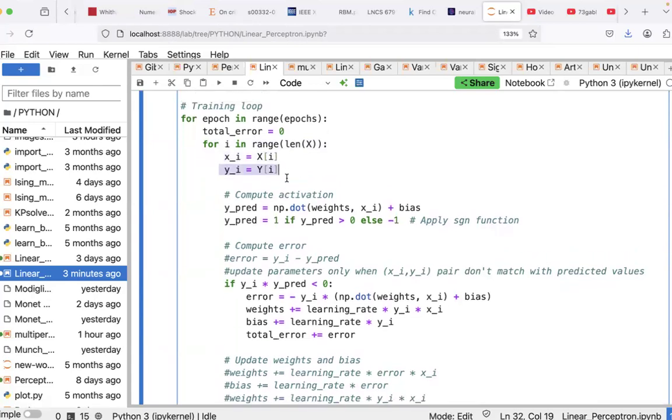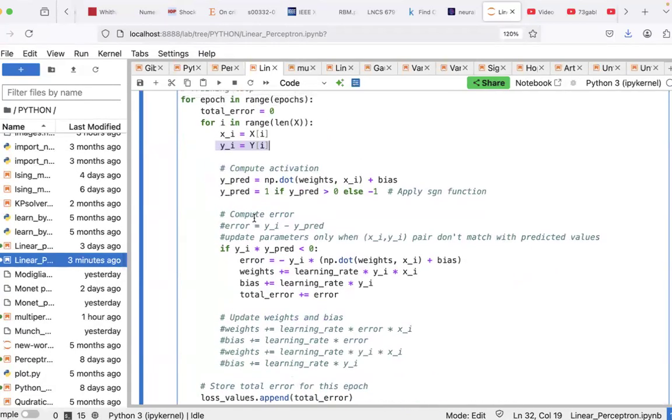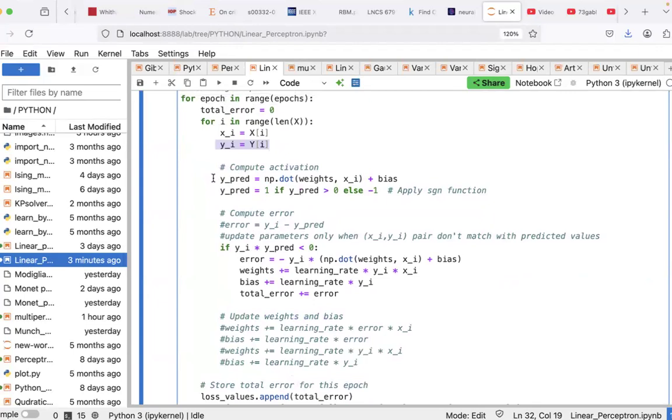The first thing we do is compute the dot product of the weights with the data plus the bias. Then we apply the sign function, the activation function. If this quantity is positive, we assign value 1, otherwise -1.